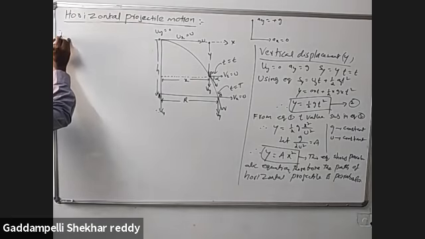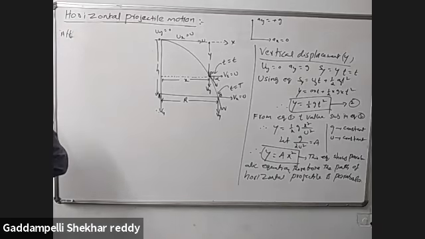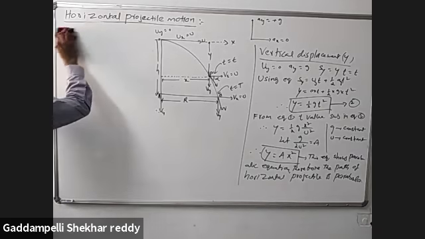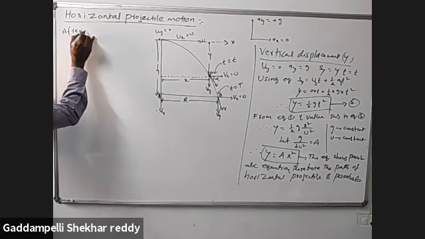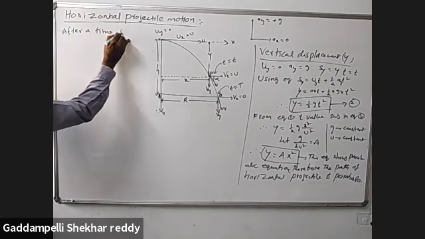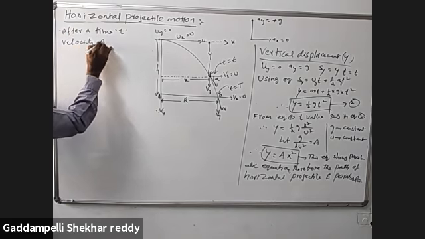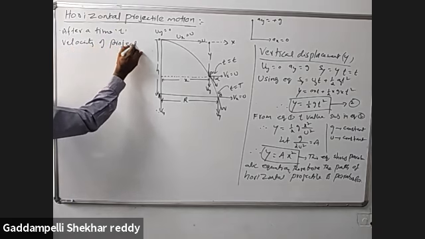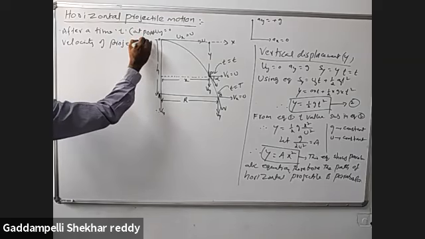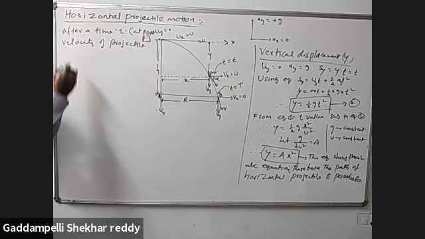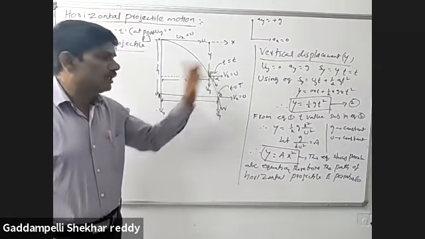Now another concept. After a time t, the velocity of the projectile after time t means at point P. At point P, what is the velocity? One is the horizontal velocity, one is the vertical velocity.